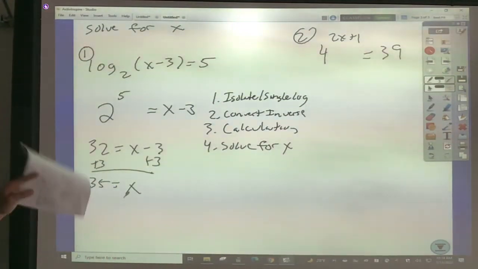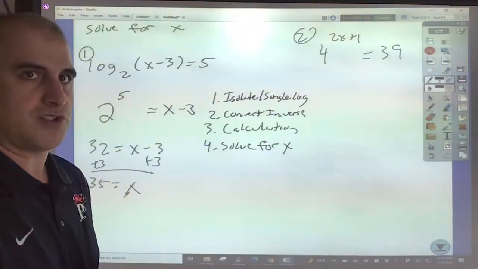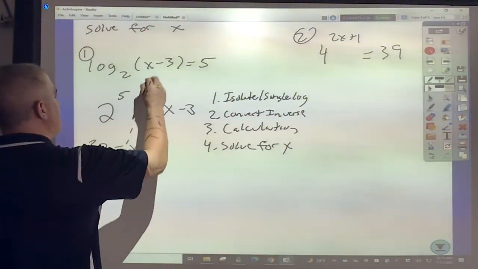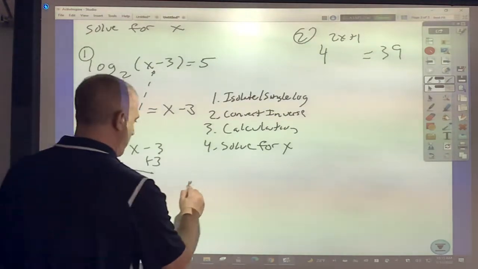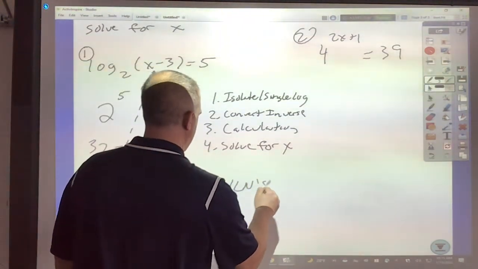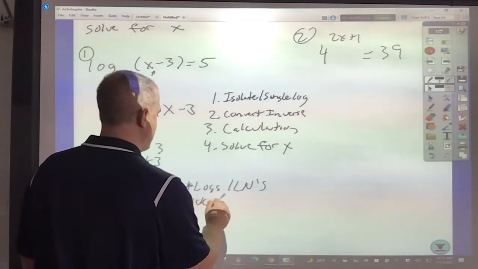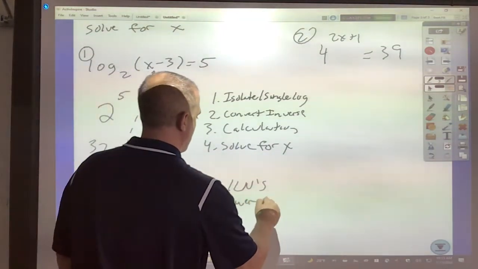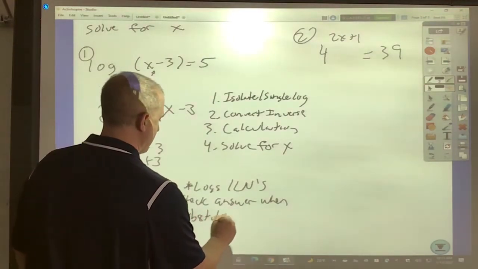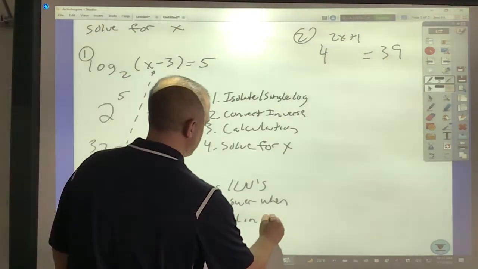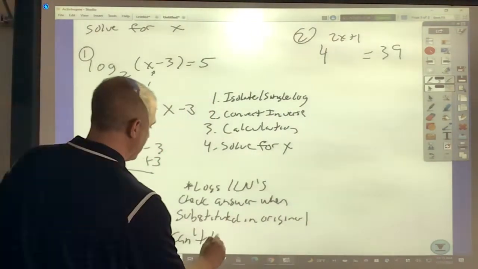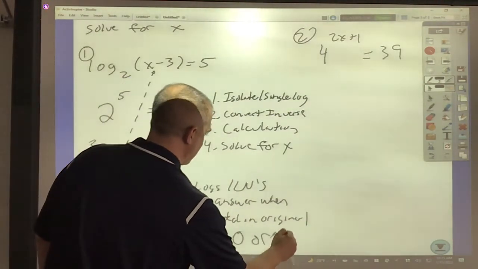Okay? The big thing you want to check with your logs, and this is only for logs and natural logs, is that if I put this back into the original, you want to check to see if your answer, when substituted into the original, can't be 0 or negative.